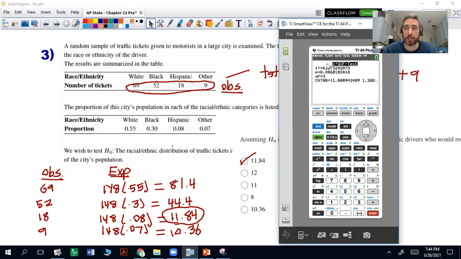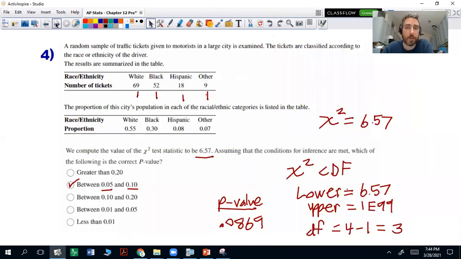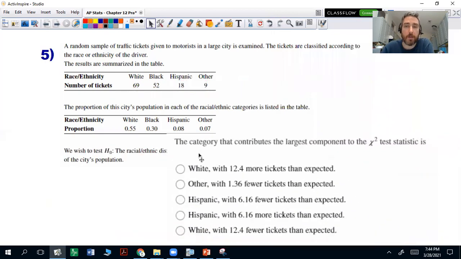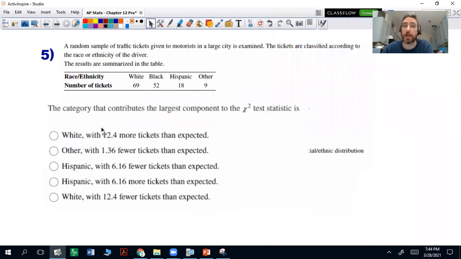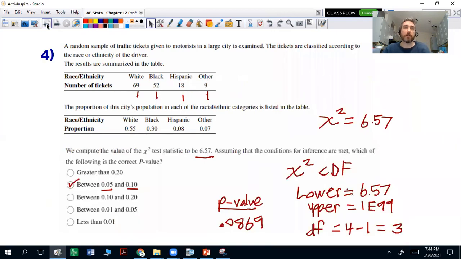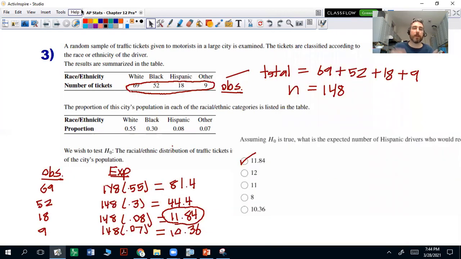You got your chi-squared test statistic, but more importantly, we have this thing called CNTRB, that's contributions. We're going to use that in our next question. The question is which category contributes the largest component to the chi-square test statistic. If you look at just the raw differences, the biggest difference is going to be for the whites, 69 versus 81.4.